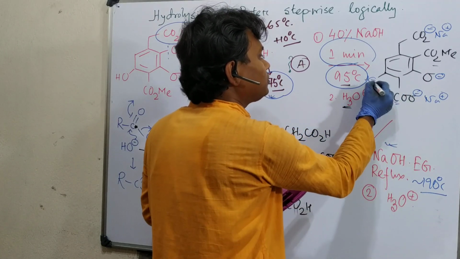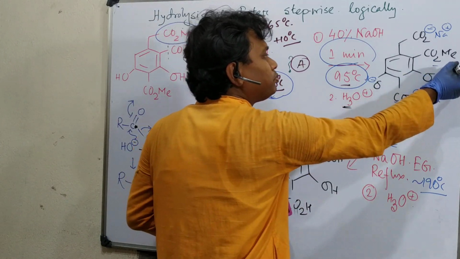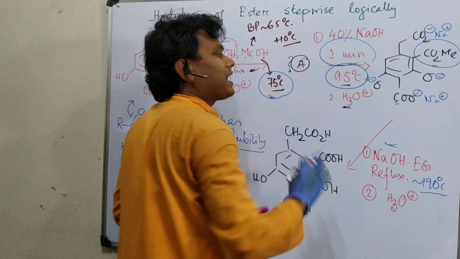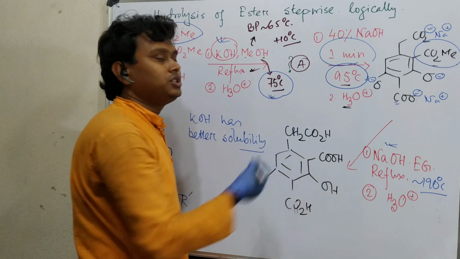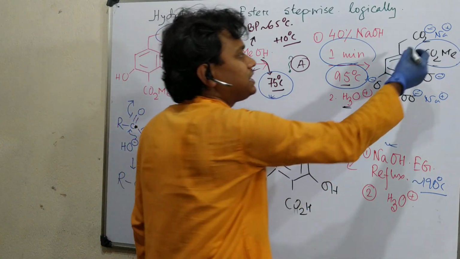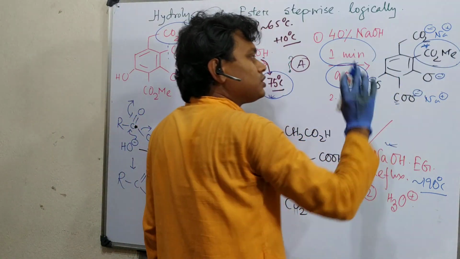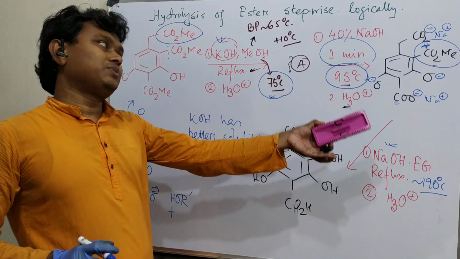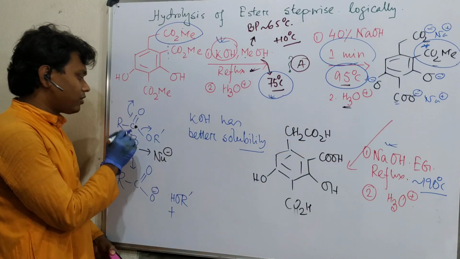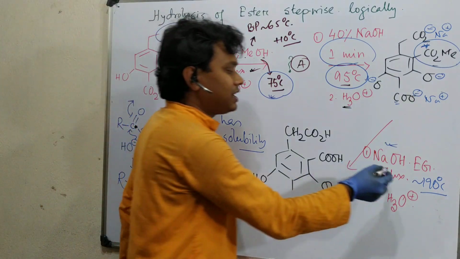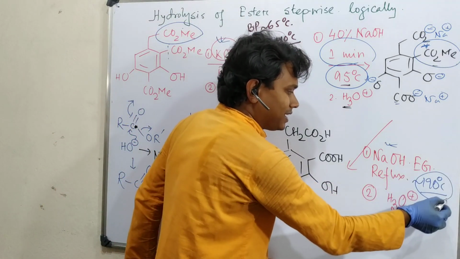Okay, so see, this CO2Me actually has a huge plus R effect from this benzene nucleus, which reduces the electron deficiency at this carbon. So it is very less reactive, and if you want to make the nucleophilic attack on this, then you need a higher temperature like 190 degrees.